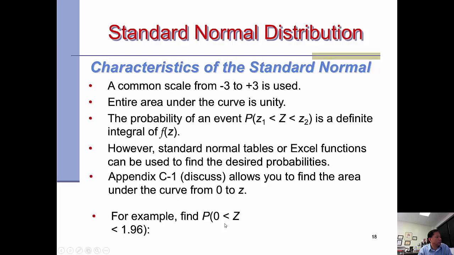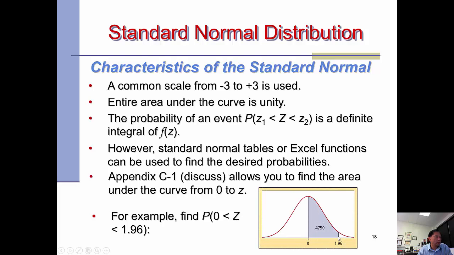For example, if you want to find the probability for a Z score of 1.96, from 0 to 1.96 in appendix C1, you can pause here, go to your book, and find this area to be 0.4750. Now that's the probability of between 0 and 1.96.